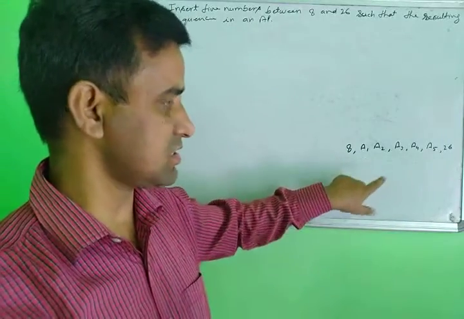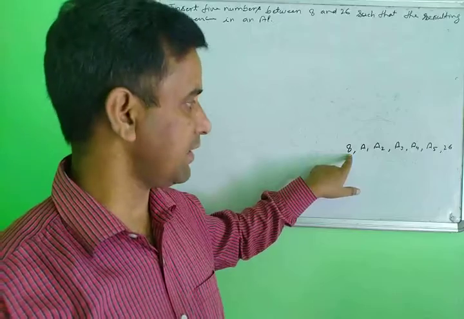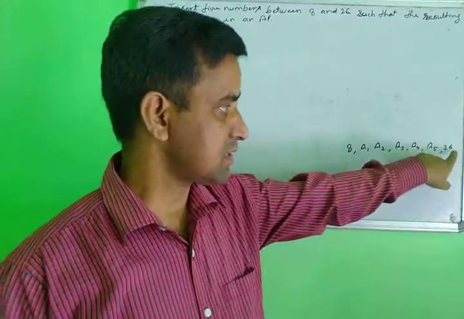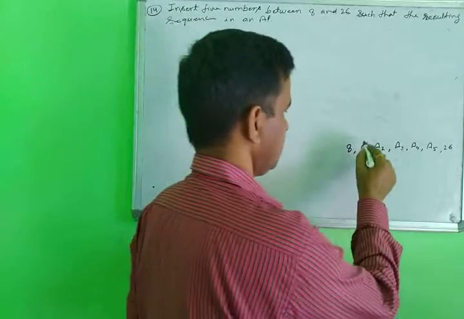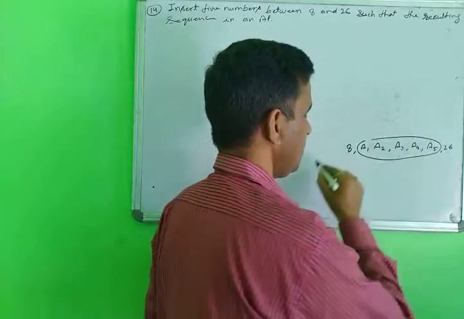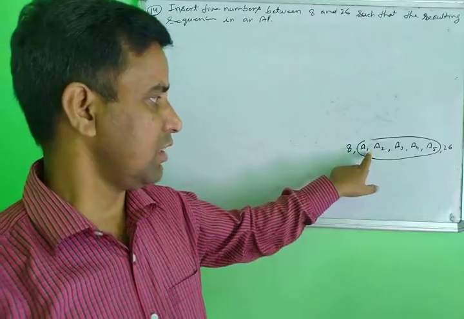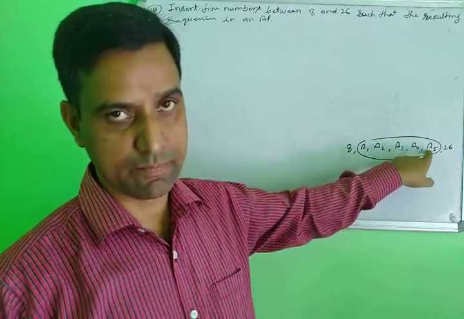This is a special condition here: first number is 8, last number is 26, and in between you will find the 5 numbers A1, A2, A3, A4, A5.